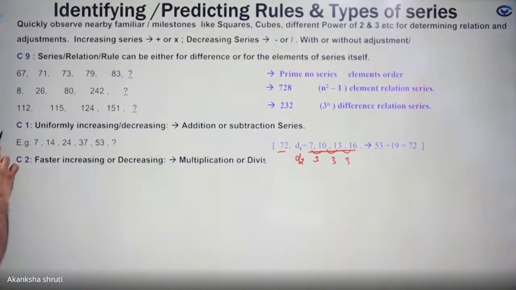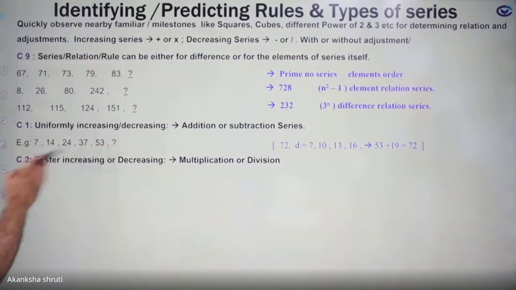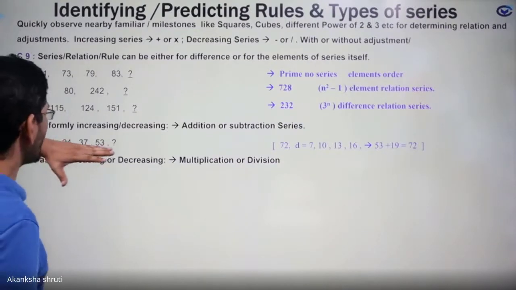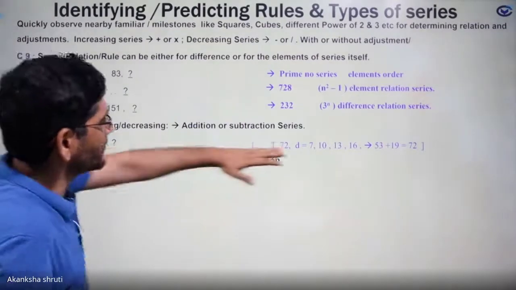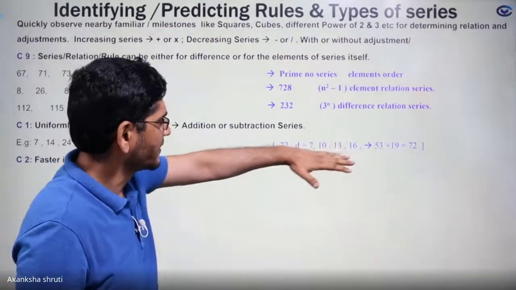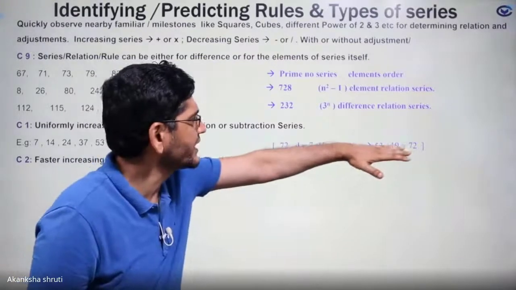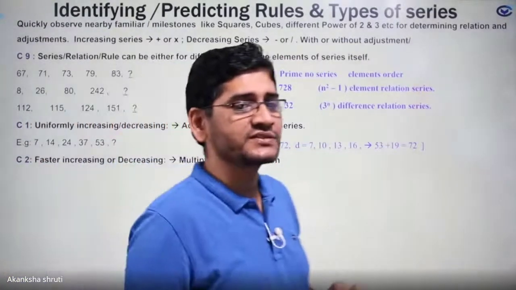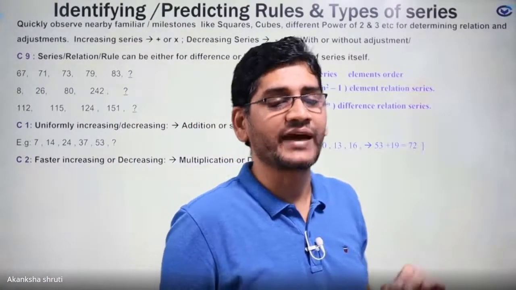Students, let us take the next category of trick or next category of question. In the first category, we were observing that the increase was almost uniform or slow. But sometimes you will find that the difference is very rapid or very fast.